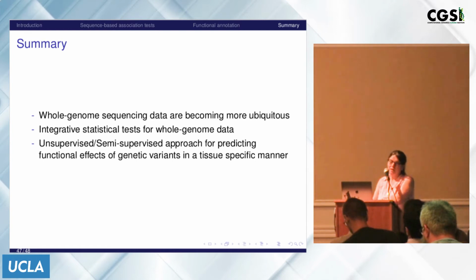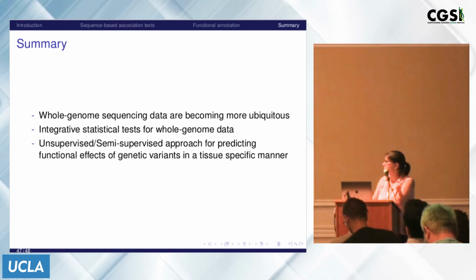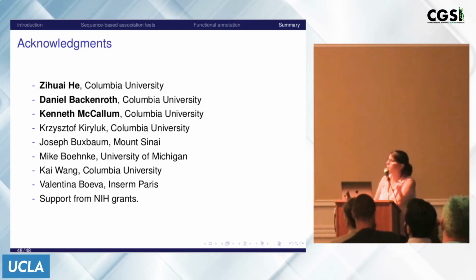And then I talked about unsupervised and semi-supervised approaches for predicting functional effects in a tissue or cell type specific manner. And I'd like to thank people in my group who have worked on this project, in particular Zihuai, Daniel and Ken, and some other collaborators. Thank you.